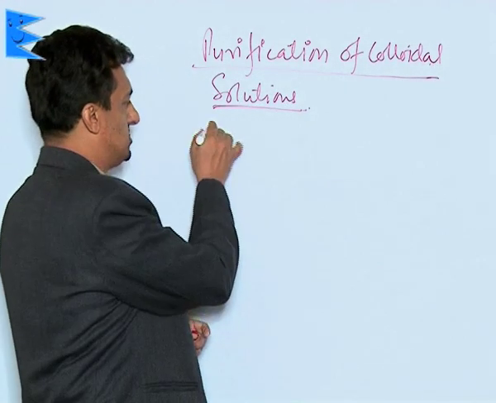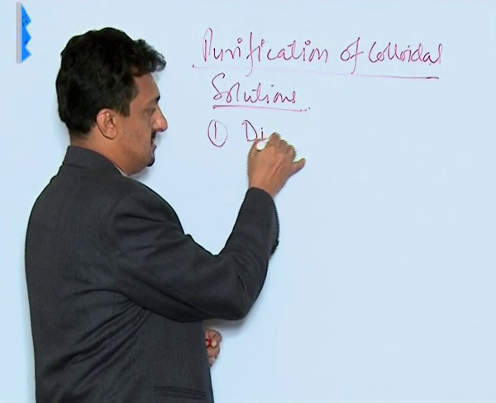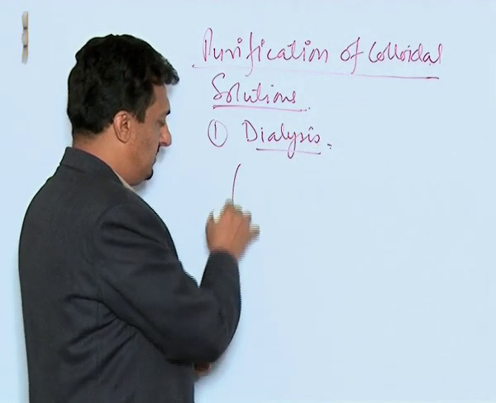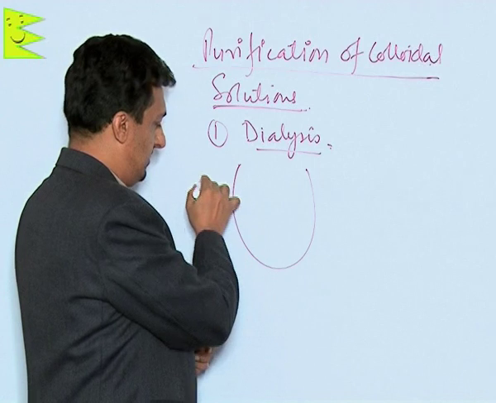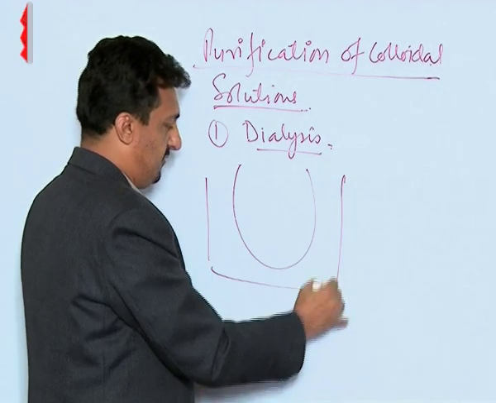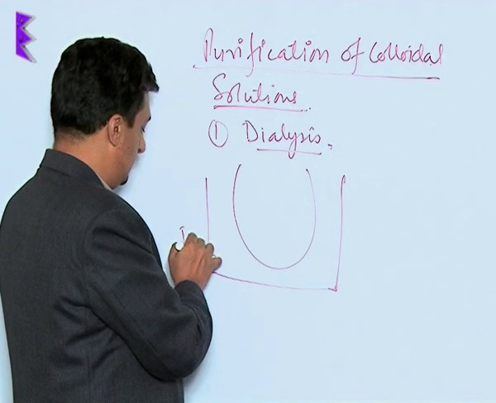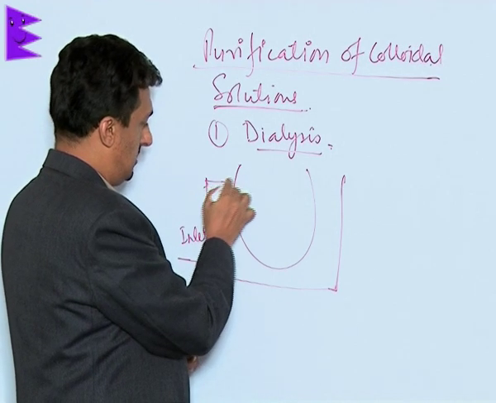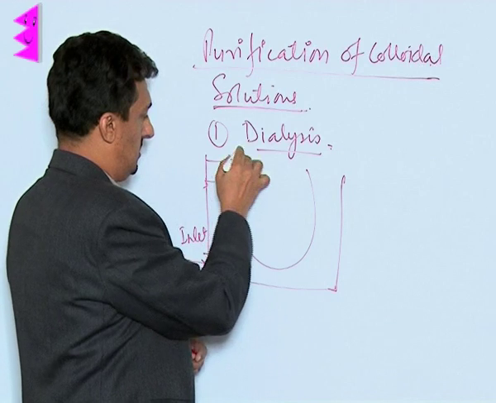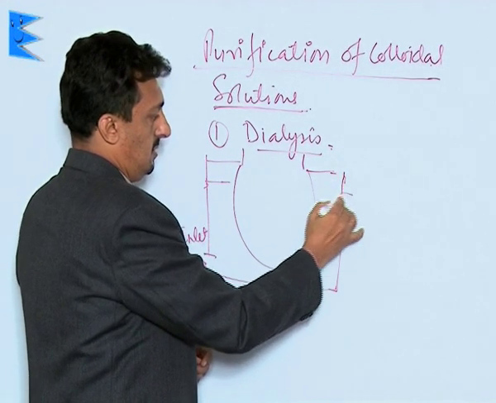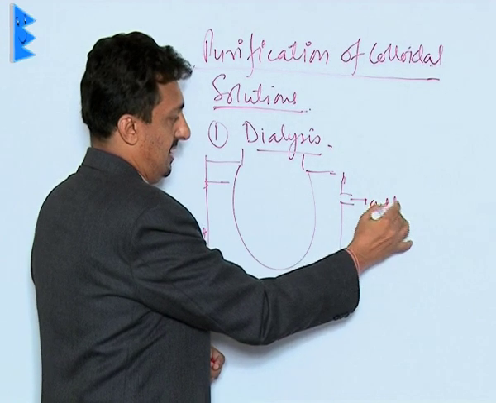The first one is called dialysis. In dialysis, what we do is we use this animal membrane, and it is kept in a water trough, and basically this is the inlet and this is the outlet.